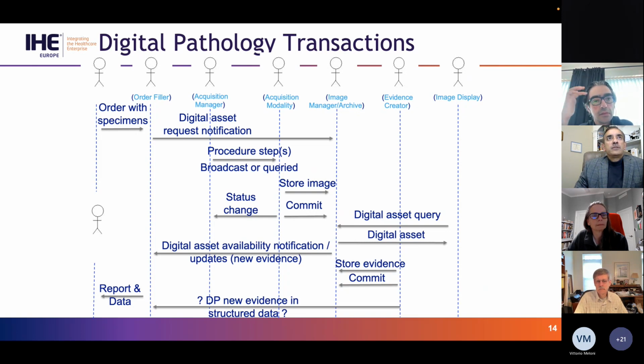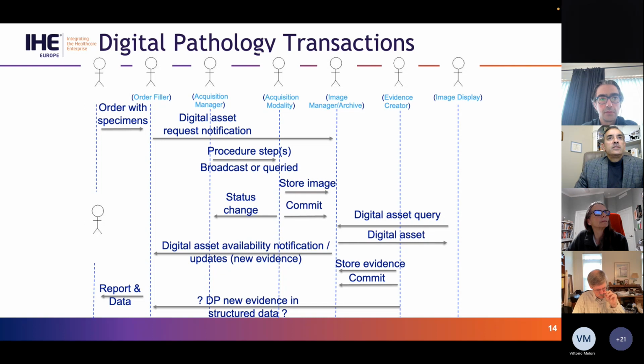Although the names at the top indicating the actor roles might seem a little obtuse, in reality, they're all information systems that you're probably very familiar with: the order placer to the far left being your EHR, generally speaking, your order filler being your LIS, your acquisition manager being your software that runs the scanner, then your acquisition modality is the scanner itself, and then you have your PACS systems as the image manager archive, your display system to the far right, and then evidence creation in terms of what we can do with these digital assets.